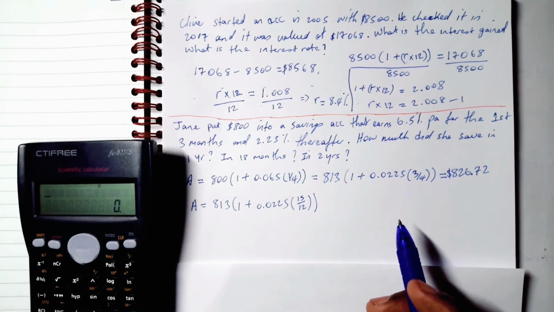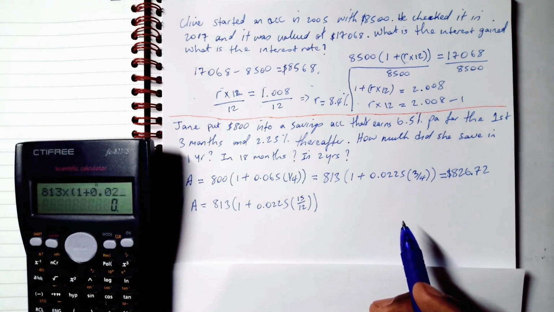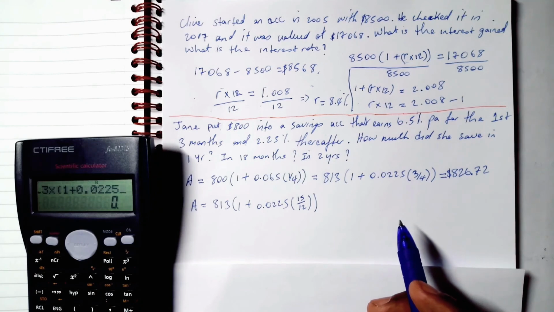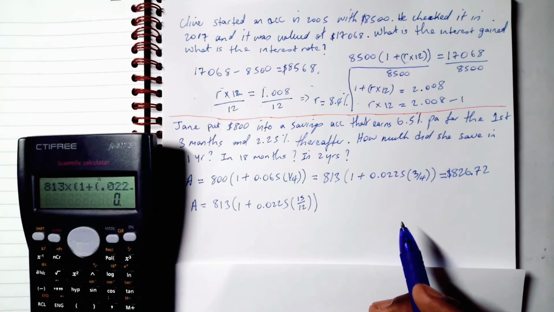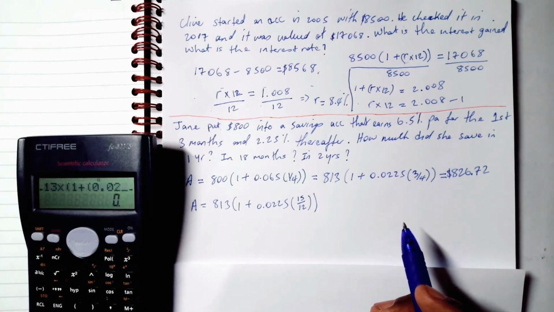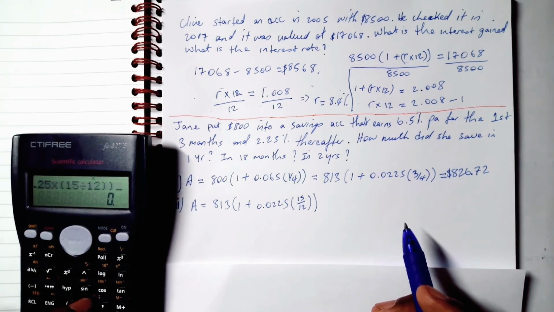So we get our calculator and we say 813 multiplied by 1 plus 0.0225 multiplied by, let's just put a bracket here, 15 over 12, close bracket, close bracket, right?